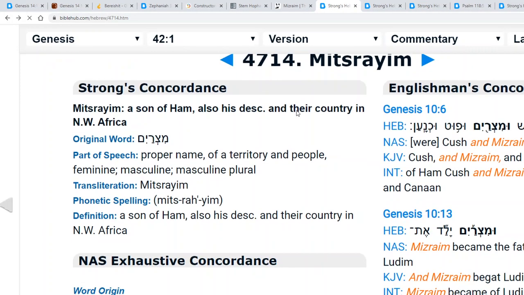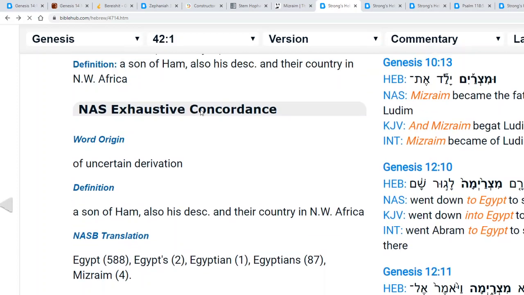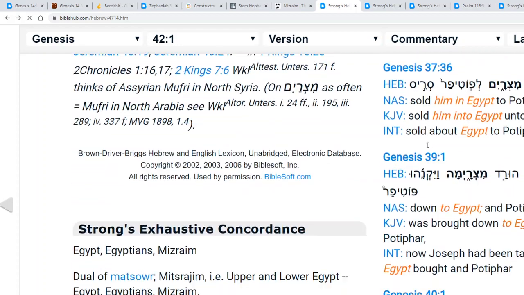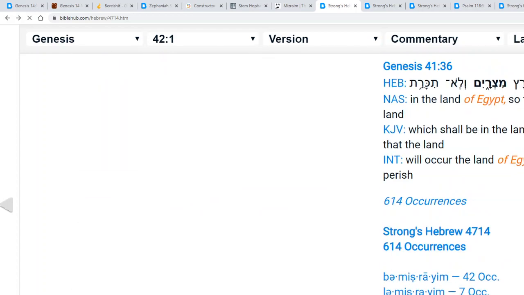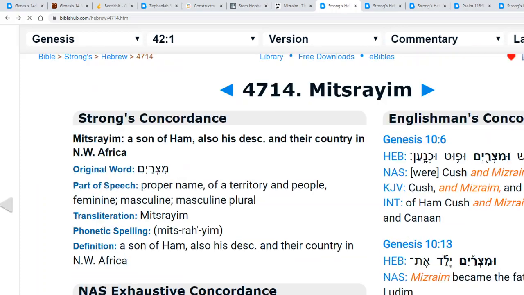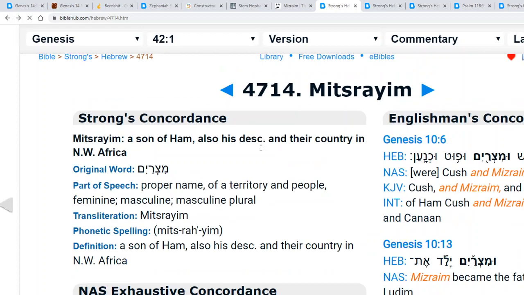And so let's go ahead and take a look at Mitzrayim, the root, right? So it appears to be in the plural, Mitzrayim, like I said, Upper and Lower Egypt. It shows up many times in the Bible. Let's see how many times it shows up. 614 occurrences, and I'm guessing that's not even including all the Mitzris, all the Egyptians, right?